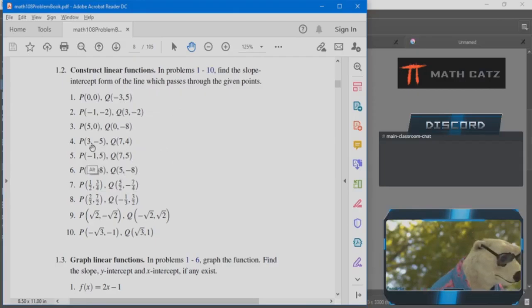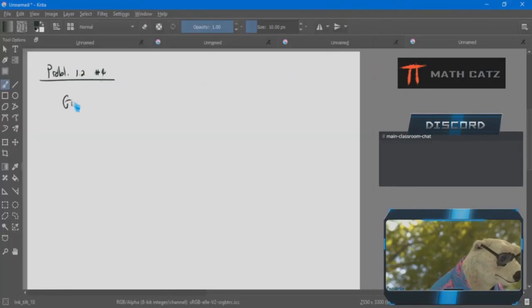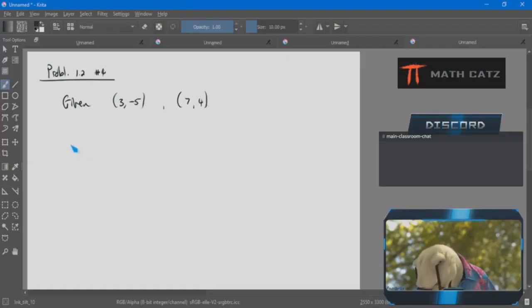Number 4, I have 2 points, 3, -5, 7, 4. So I'm given 3, -5, 7, 4. Let me just double check. I did read it just now, but so easily I can mix it up. Okay, so again, it's 2 points, so I should use the point form.